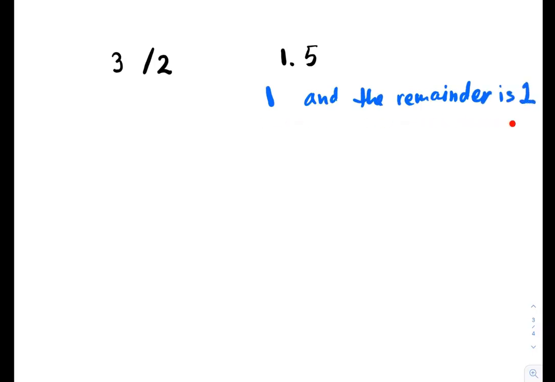What this statement means is that 3 equals 2 times 1 plus 1. So 3 is not a multiple of 2, but the nearest multiple of 2, you get it by multiplying 2 by 1 and then add 1 to it to reach 3.